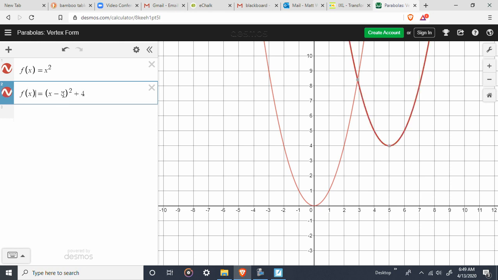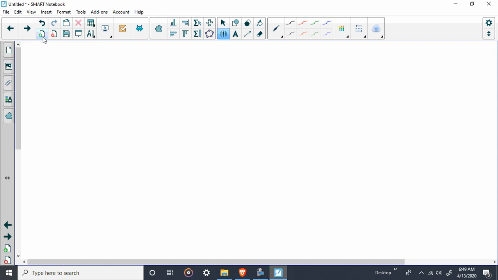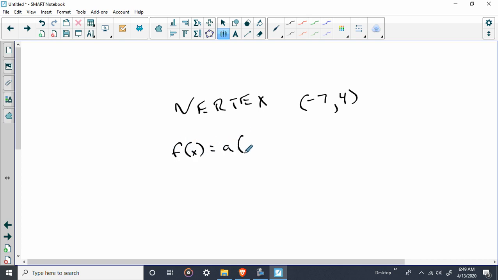All right, let's take a look at a few examples, and then I'll set you to it. Say I wanted my vertex to be (-7, 4). So f of x equals a, remember it's x minus h, squared, plus k. k is the easy part, k stays as 4.